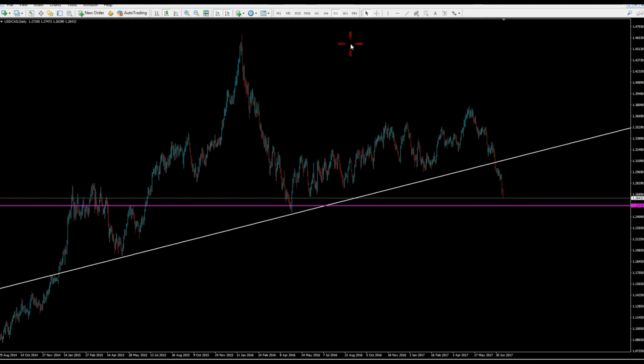And if we go to the daily, we had another one here before, which I also used to take the breakout from here to this target. There are always many trends, but you should start with the major ones, because then you will have an idea where the price is heading, and you're going to go with the major trends.